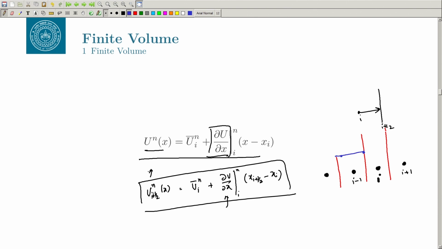This is one value within the cell, in the next cell we have some other value, u I plus 1, this is u I. So, I have no variation, it is constant.